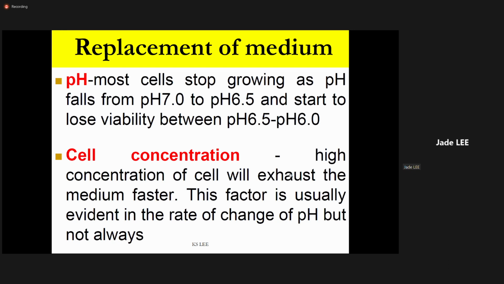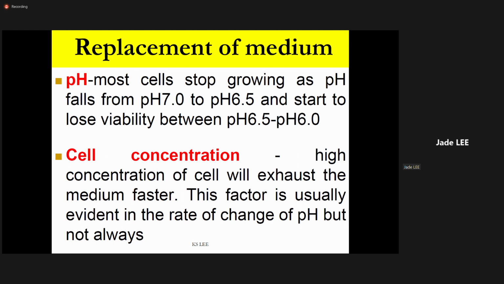As I said just now, for pH, most cells grow at pH 7 to pH 6.5, and they start to lose viability between 6.5 and 6. So you need to check the pH of your medium so that your cells grow in a conducive environment. Another one is the cell concentration.